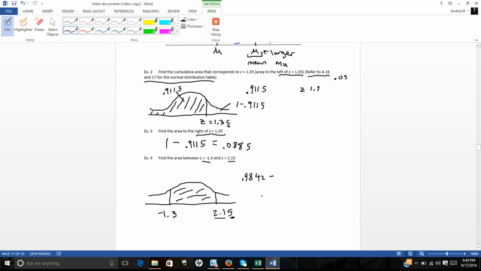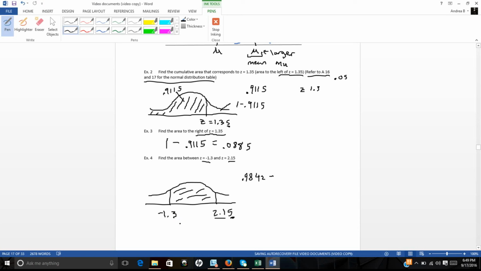All right, for the other one, for a z-score of negative 1.3, you go down to negative 1.3 in the chart. And you'll notice that the negative z-scores and positive z-scores are on two different pages. So this time go down to negative 1.3, and then over to the 0.00 column, because negative 1.3 is the same thing as negative 1.30.